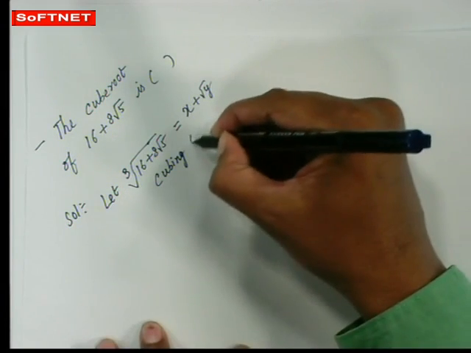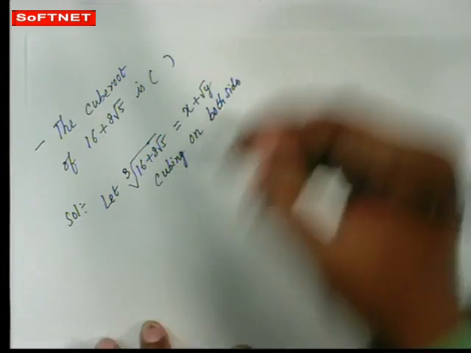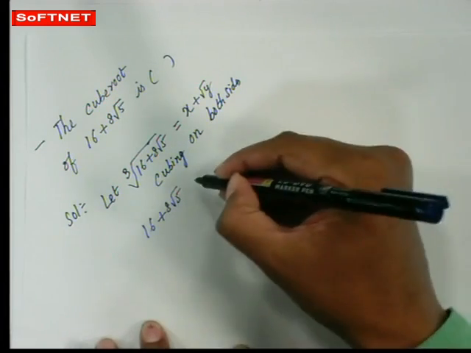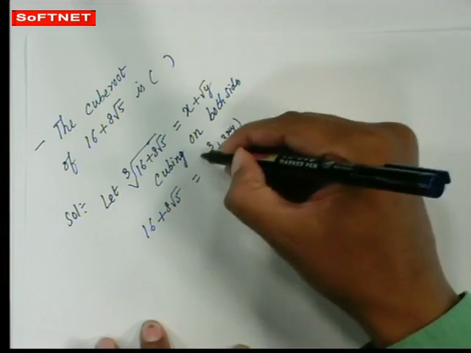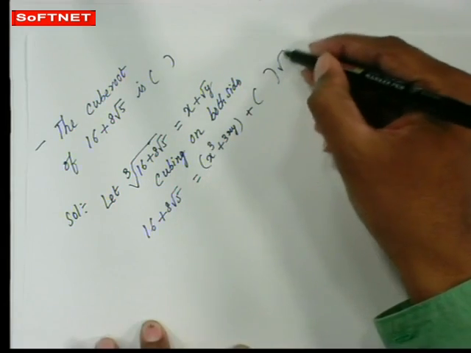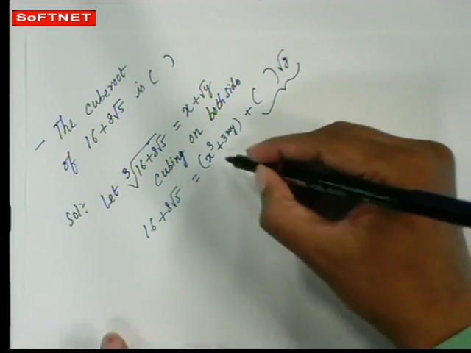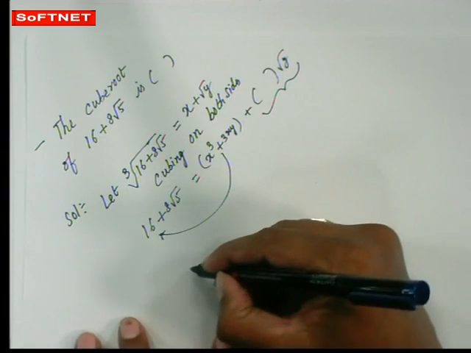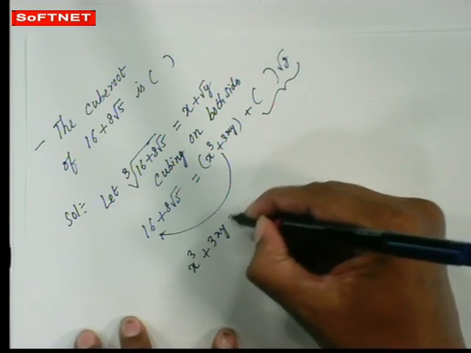This becomes 16 plus 8 root 5 is equal to x cube plus 3xy plus this part you leave it, no problem. This is not required. Now this is equated to 16. Now x cube plus 3xy equals 16.